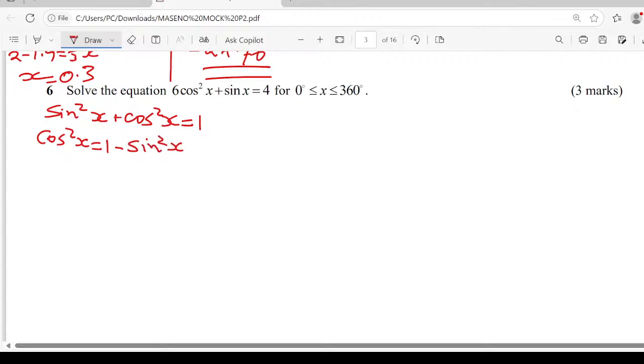If that is the case, dear learners, we can now come here. Instead of saying 6 cos squared x, this is now going to be 6 times (1 minus sine squared x), then plus sine x. That should give you a 4.